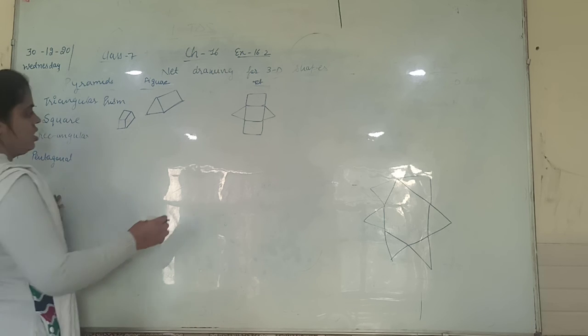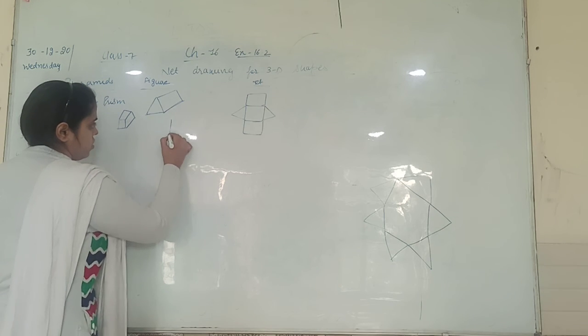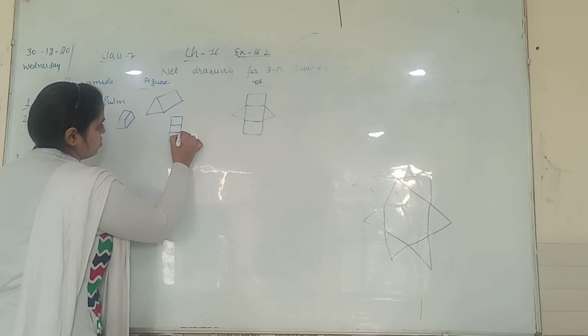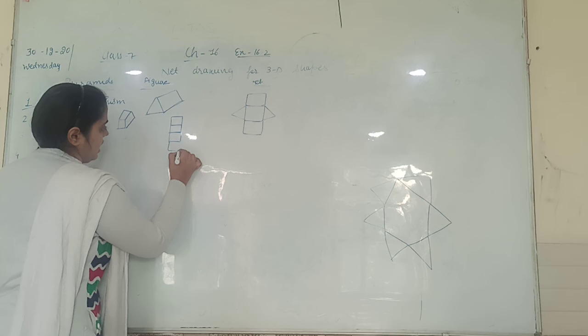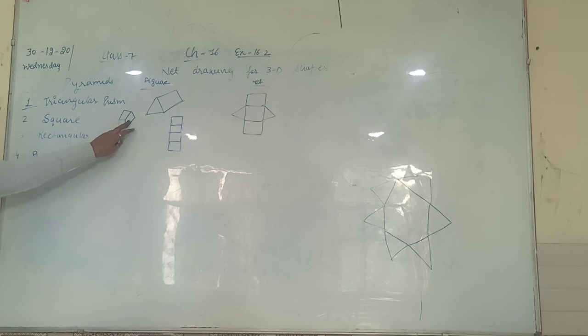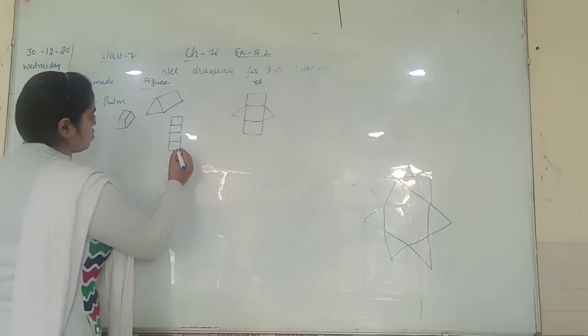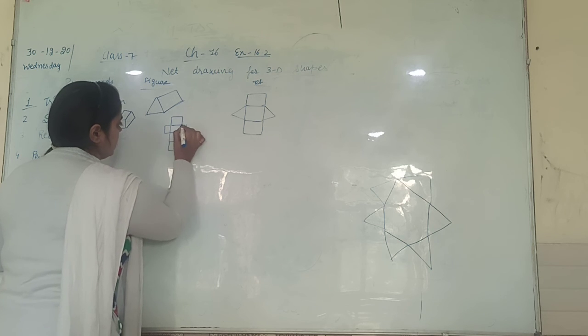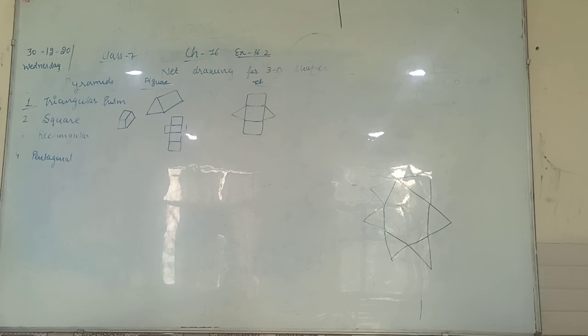Firstly 4 square boxes, 1, 2, 3 and one at the down side, 4th one, and 2 small square boxes. See, it will also work like you have drawn the net of cube. This is also a little bit similar to cube and cuboid.